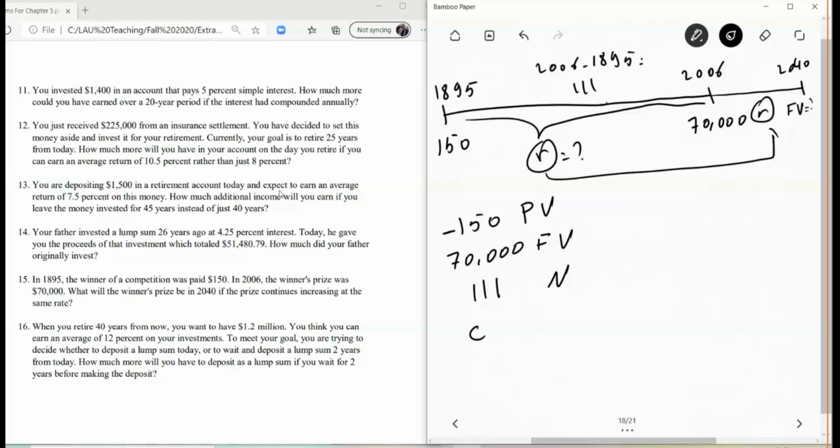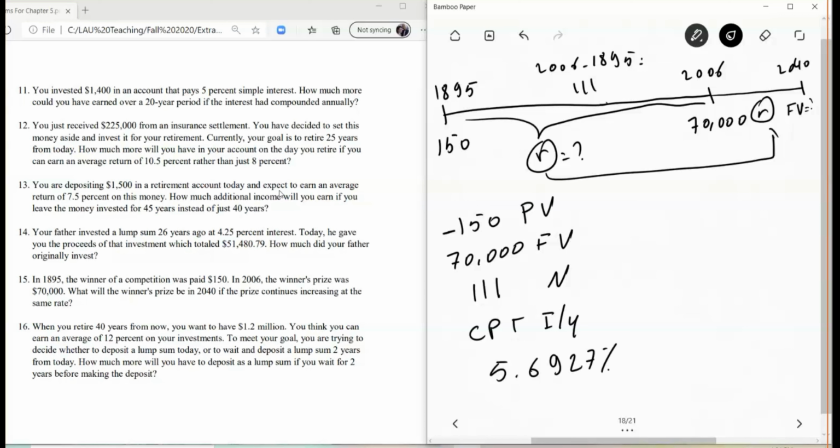I compute IY. IY in this case is equal to 5.6927%. Because I need this value later on, it's better not to round. It's better to use all of the digits that you are getting on your financial calculator in the second step.